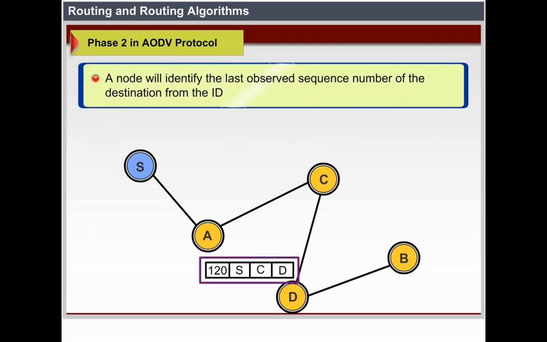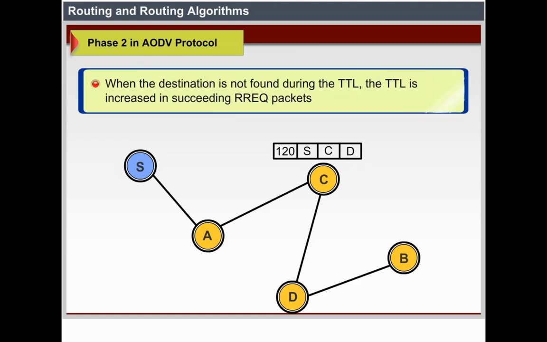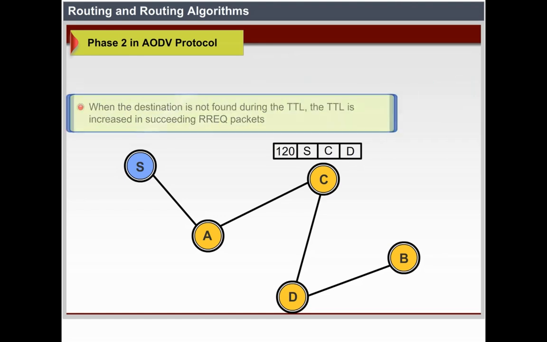A node identifies the last observed sequence number of the destination from the ID. Each RREQ starts with a small TTL, time to live, value, number of attempts. If the destination is not found, the TTL is increased in subsequent RREQ packets.